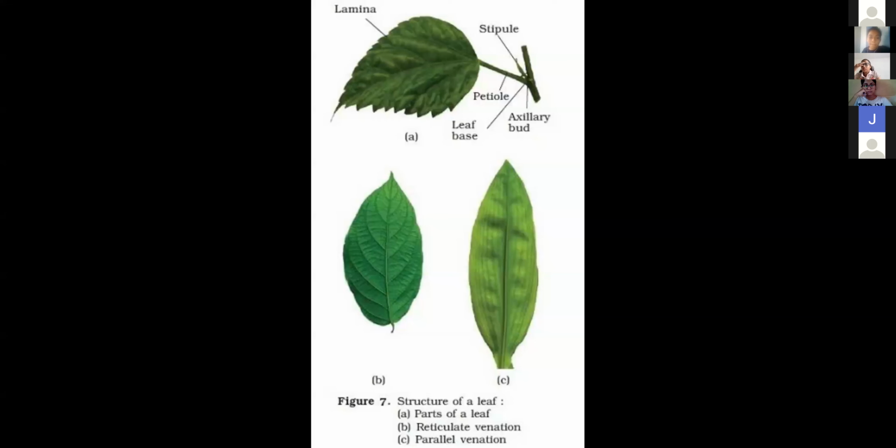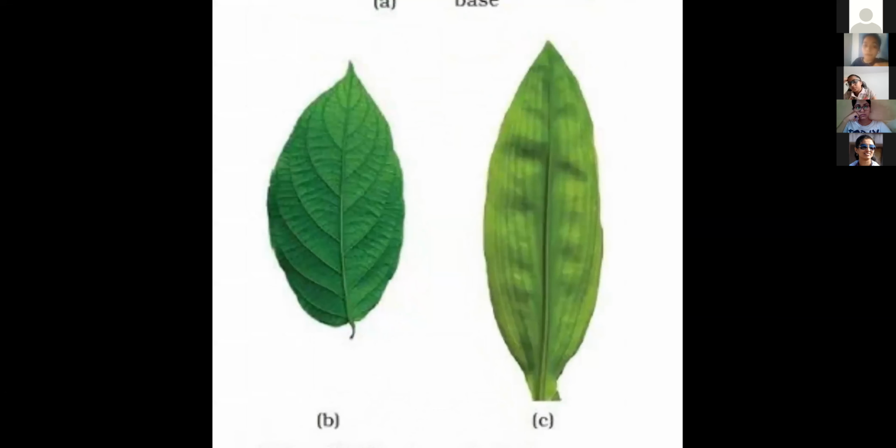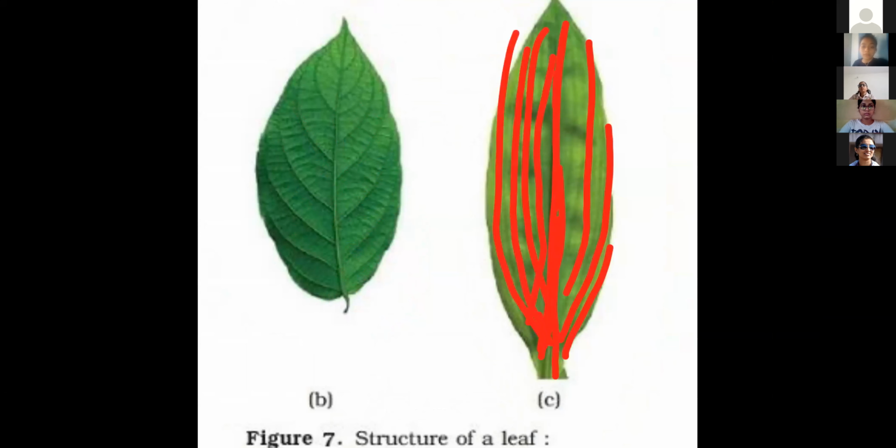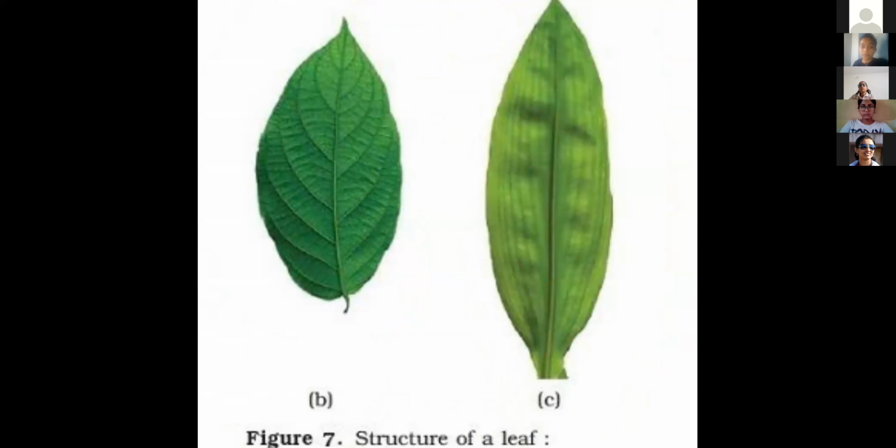Two types of venation. In one, you can make out a network-like structure over here, and then the small branches. Over here, all veins, see, the main is the thick one, and then the small branches.